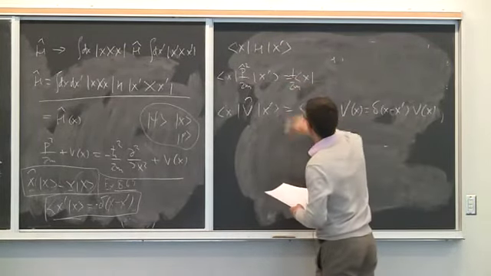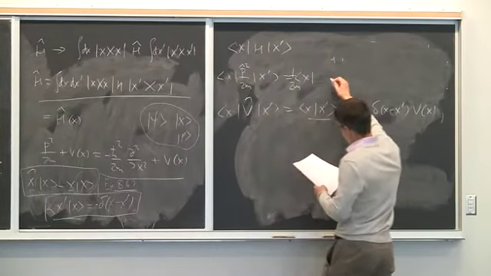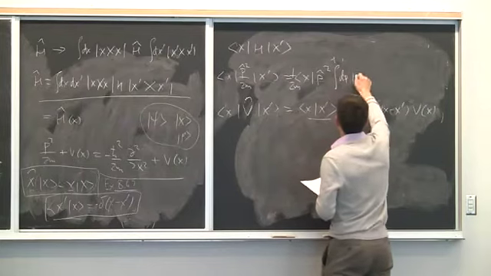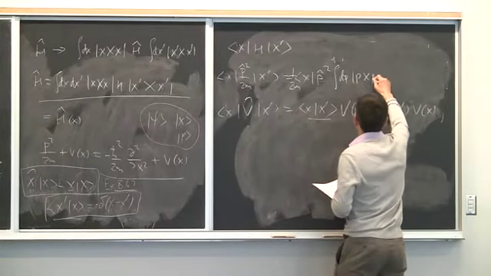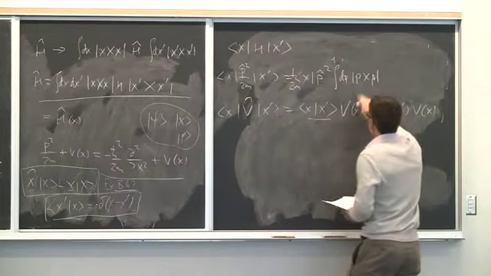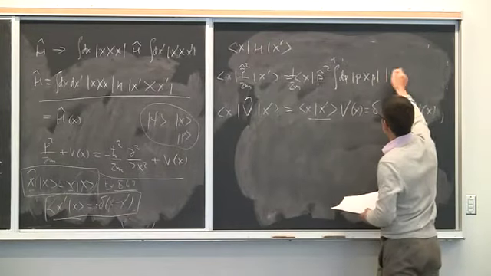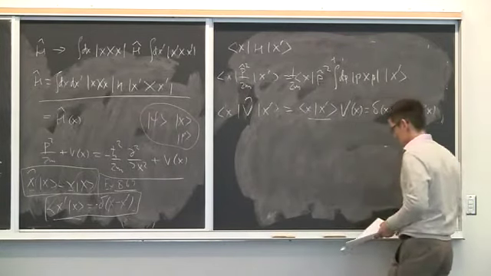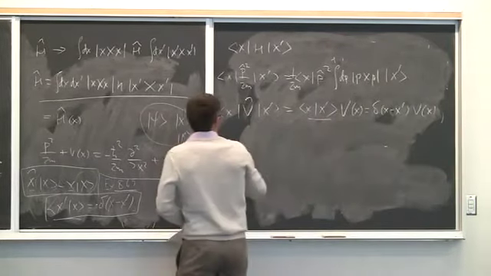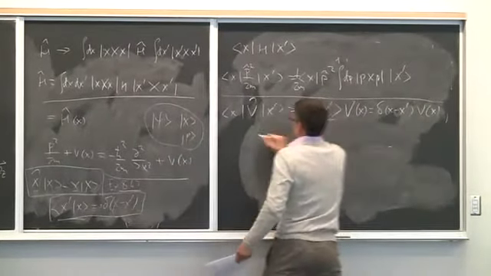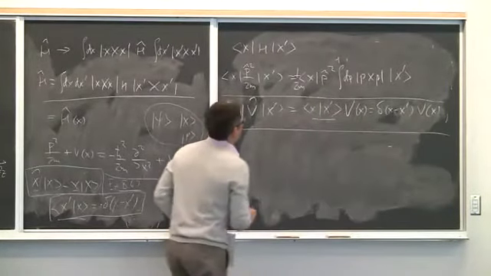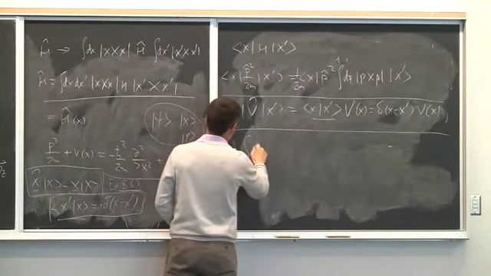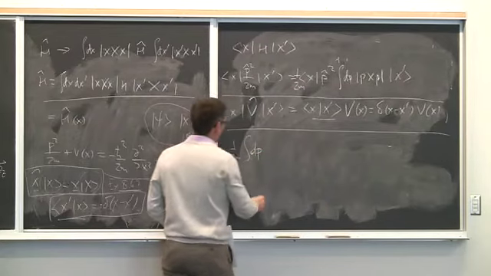So 1 over 2m can be put aside, and then you have p squared, and then the resolution of identity we introduce is eigenfunctions of the p operator, right? And then you have x prime. Now we can put the integral outside.